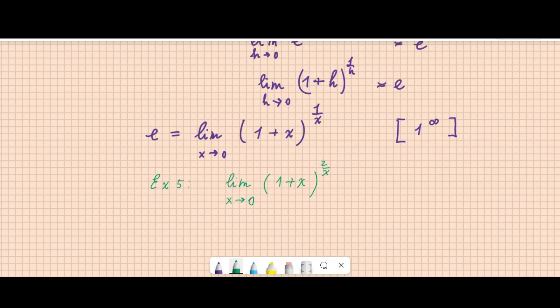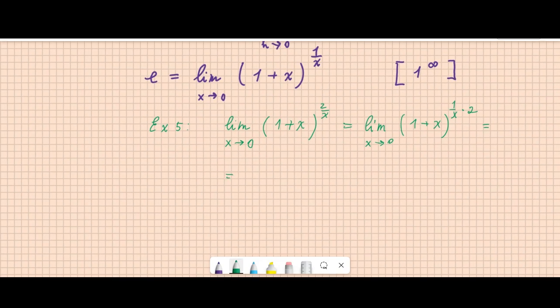Usually, guys, we calculate limits like this by doing some substitution or rearrangements. For example, here we are going to represent this limit as 1 plus x to the power of 1 over x multiplied by 2 as x approaches 0. We know that it's a power of a power, and if everything is continuous, we can take the power outside of the limit sign.